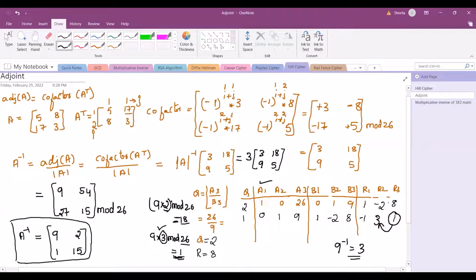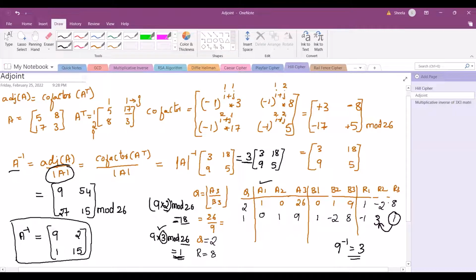One thing we have to remember: we can get the cofactor of a matrix, but if the determinant does not have a multiplicative inverse, then we cannot find the inverse of the matrix, because we have to multiply the multiplicative inverse of the determinant of A with the cofactor. How will we know whether the number has no multiplicative inverse?